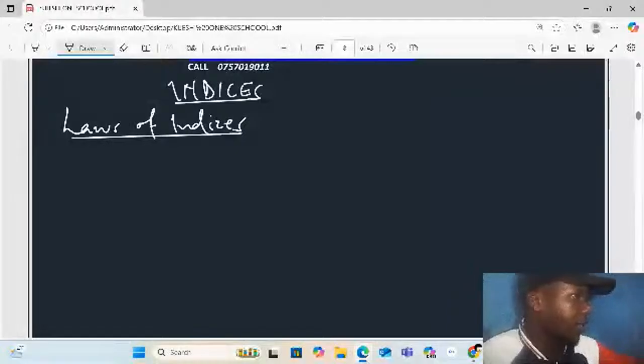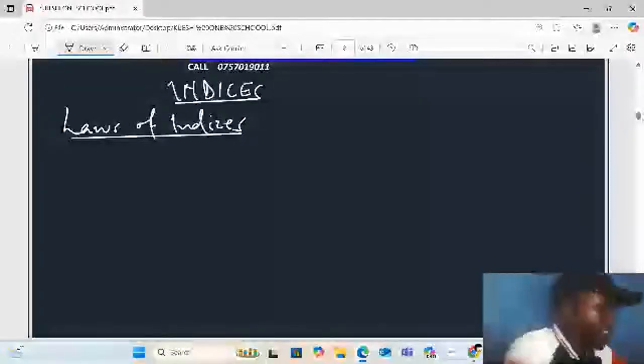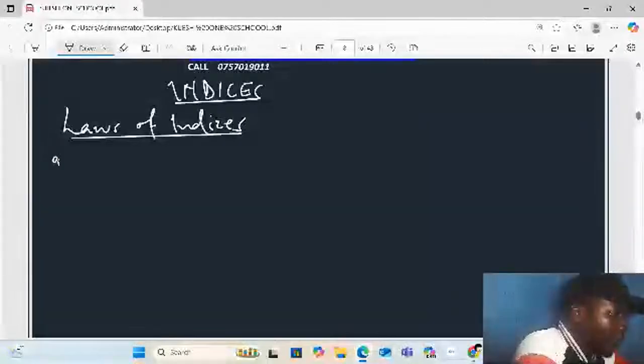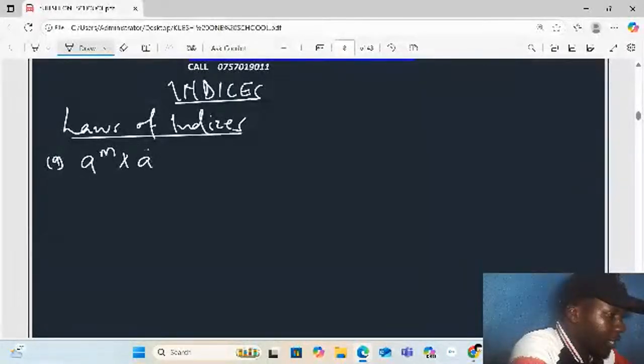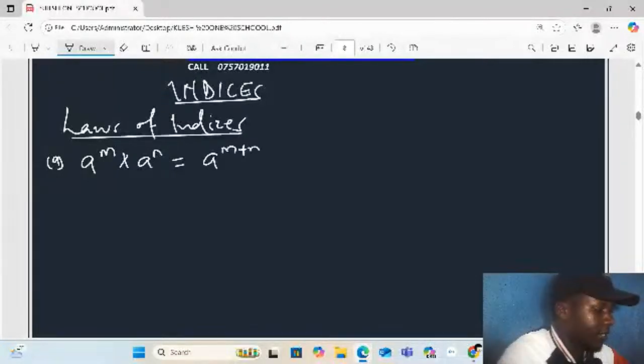We remember the first law of indices was when we have base A raised to m, then we multiply with the same A raised to n, we are going to get A raised to m plus n.